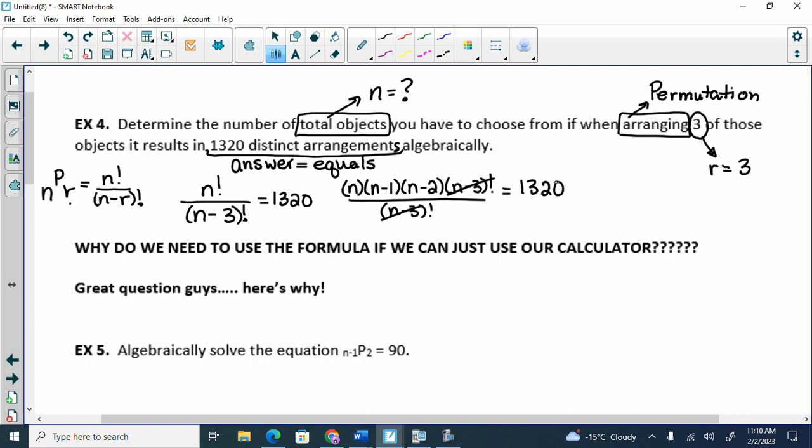So if we expand this, we have to expand, and every time you hit an end bracket, it screams, stop! That's what it screams. Stop! No more. So we get n squared minus n in a bracket times n minus 2 equals 1,320.